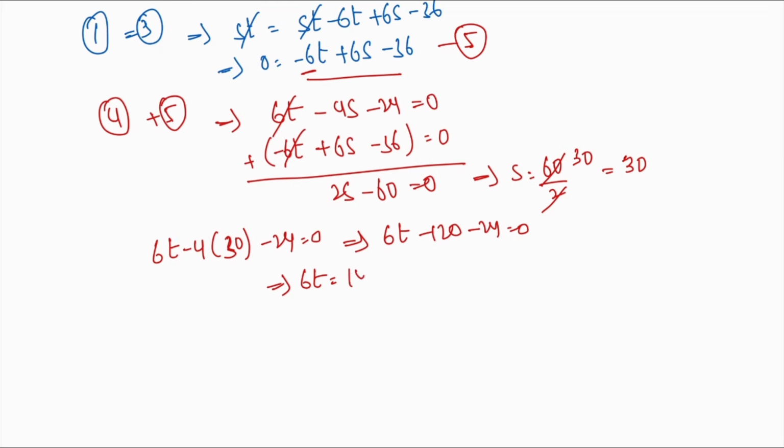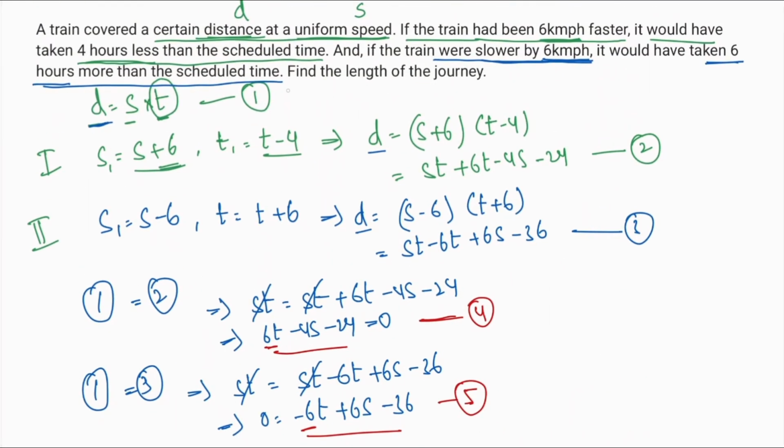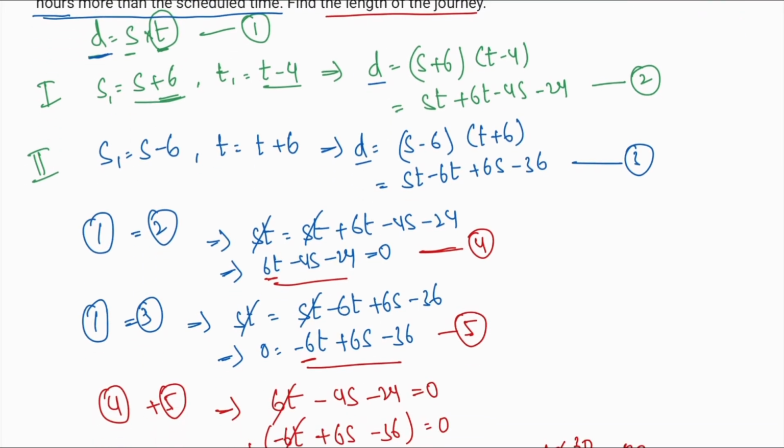6T is equal to 144. You'll get 6 into 2, 6 4s are 24. You'll get T is equal to 24 hours. Okay. Now what is asked? The total length of the journey is asked. So we have to find the total distance of the journey.